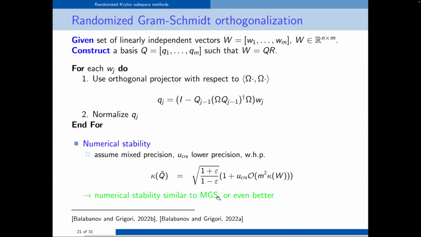But in modified Gram-Schmidt, you also have a linear dependency on the condition number of W, and then on m, but also on the n dimension. So in some sense, this result is even better than for modified Gram-Schmidt. We got rid of the dependency on the large dimension because we have computed the coordinates of the vectors on the small problem.